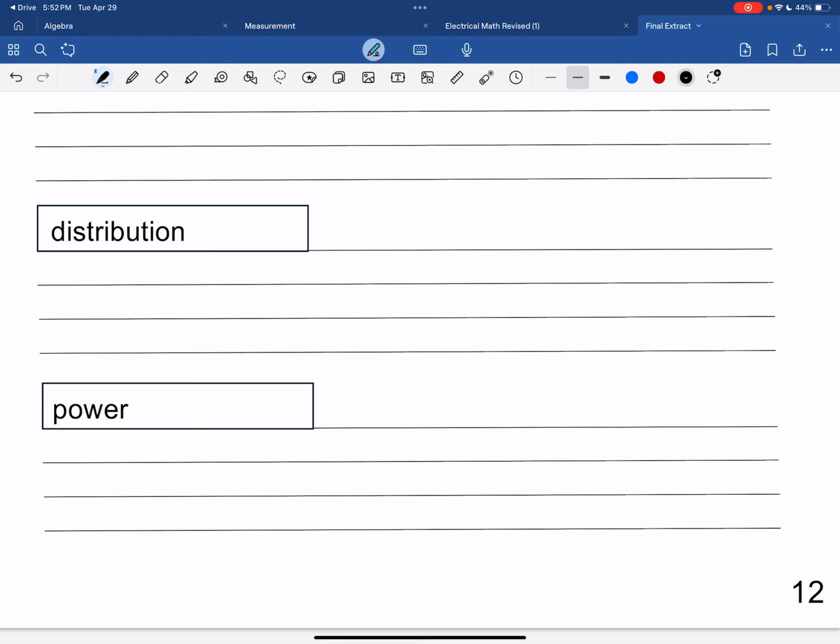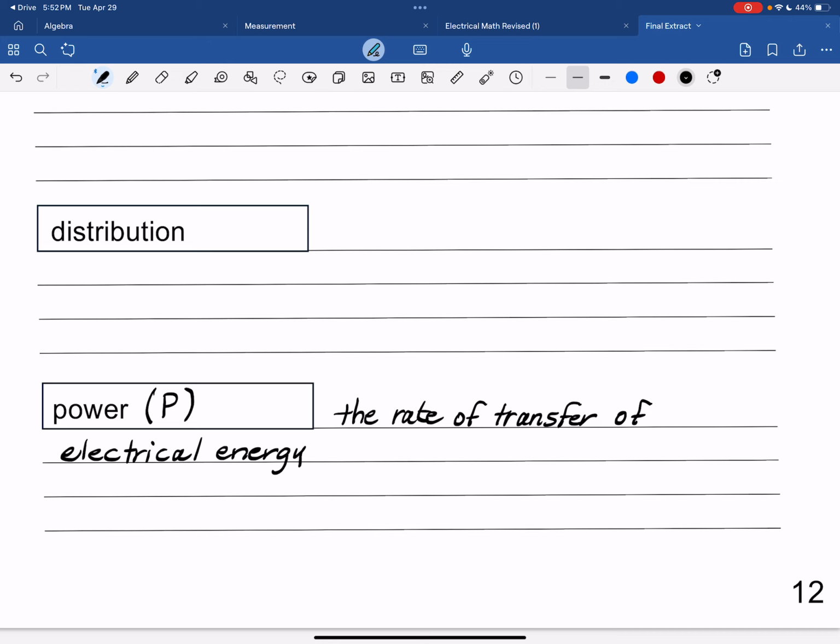And power, for the purposes of what we're doing, is going to be denoted with a capital P. And here's the definition. The rate of transfer of electrical energy within a circuit.